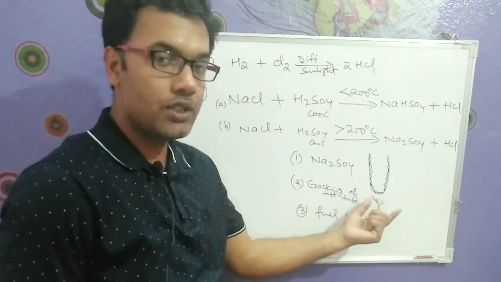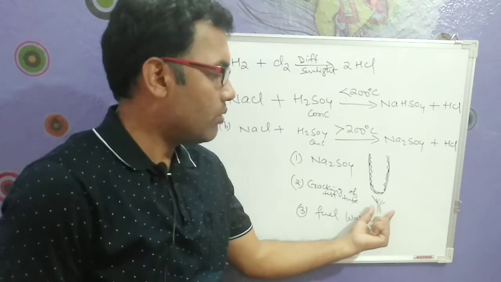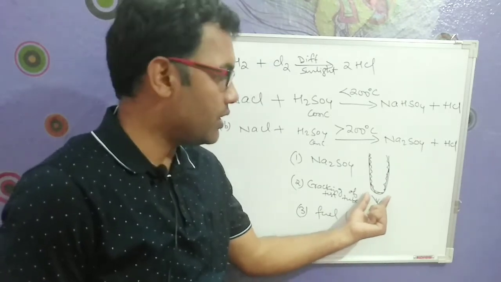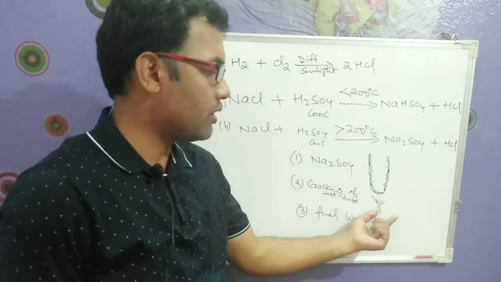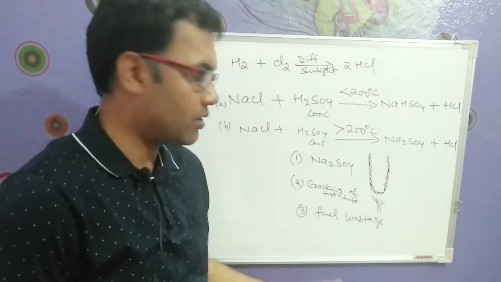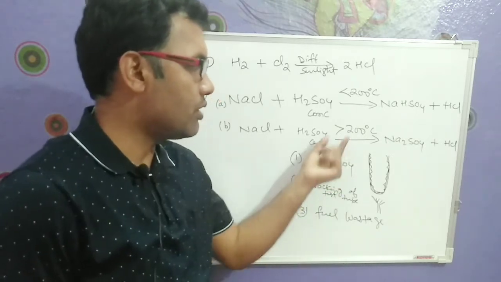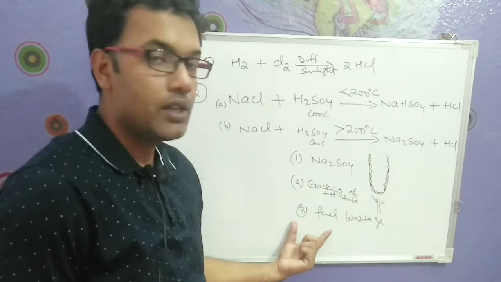The fuel wastage is taking place because there is a crust formation, and if you are heating from downward, the heat will not reach inside the test tube, and the more heat you provide, it becomes useless. So there are three reasons why we don't use temperature above 200 degrees Celsius. Is it clear students?